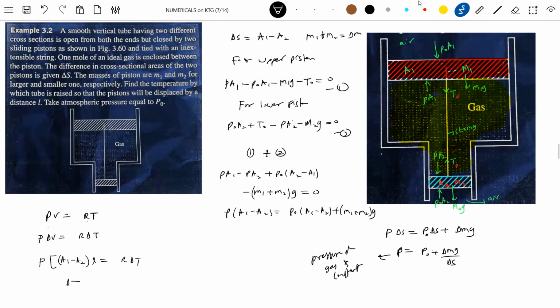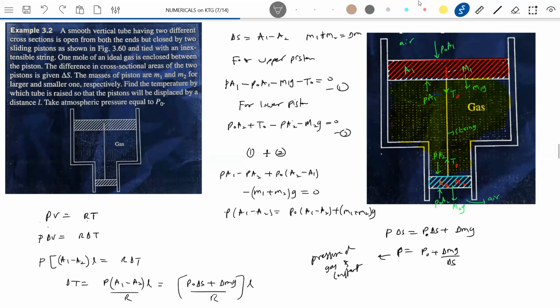Delta T. So finally, delta T is equal to P into (A1 minus A2) L by R. P (A1 minus A2) we can write as P naught delta S plus delta mg. Okay, this much should be the rise in temperature.